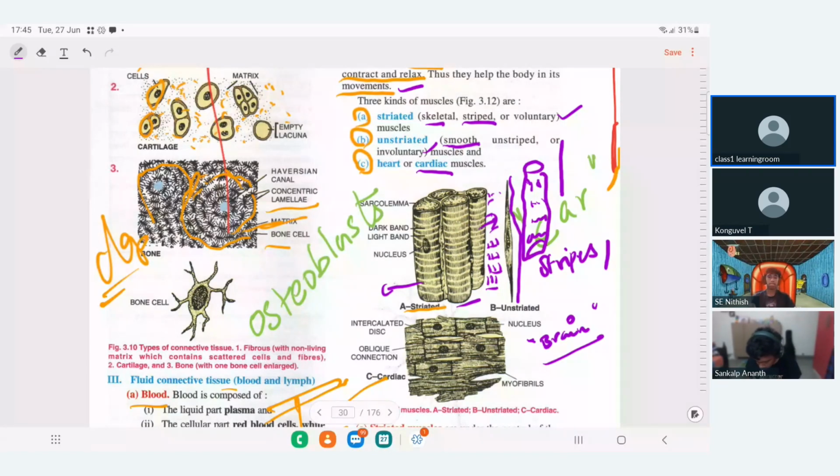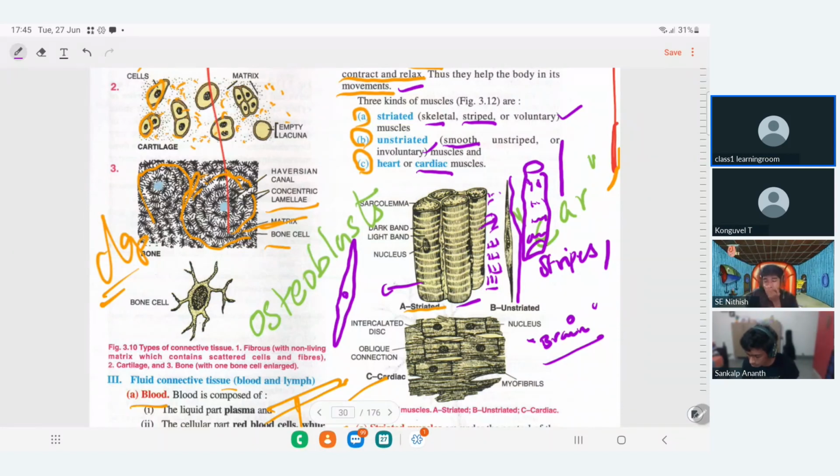Thinking is involved. Unstriated muscles, in simple terms, are called smooth muscle, because no striations are present. They are present with the nucleus. You can't see any striations. Unstriped means there are no stripes in between, and you can see tapered endings, in the sense both of the ends are very sharp.